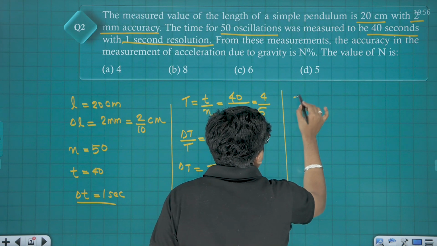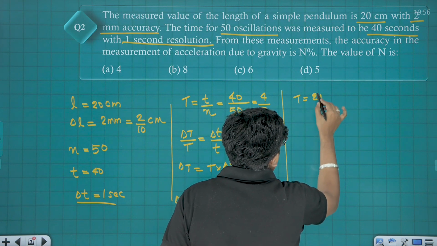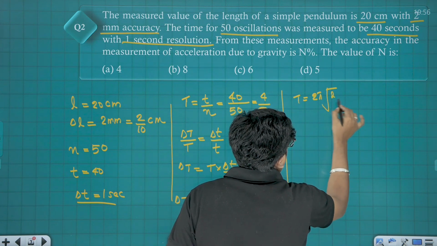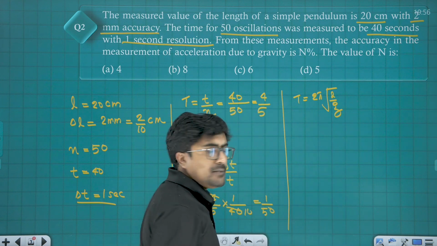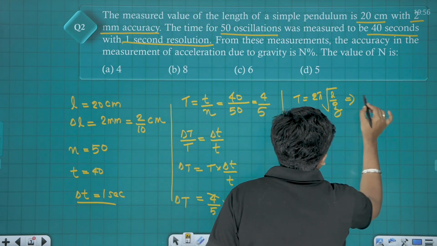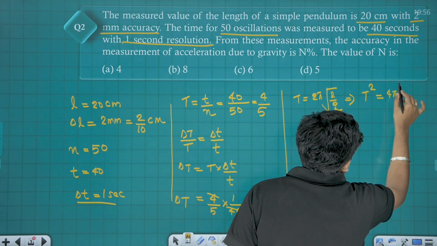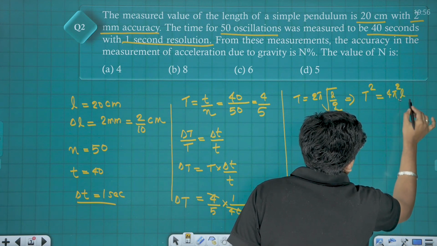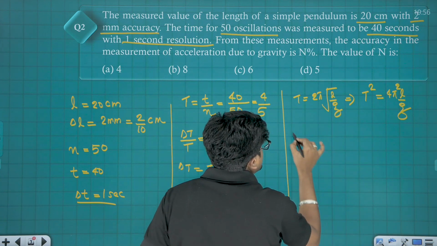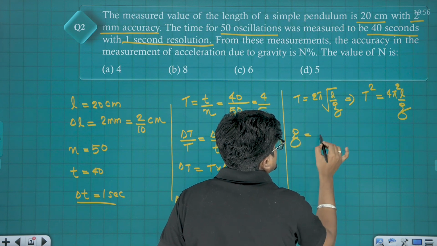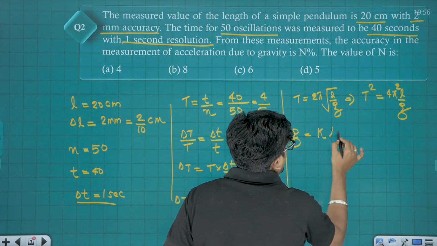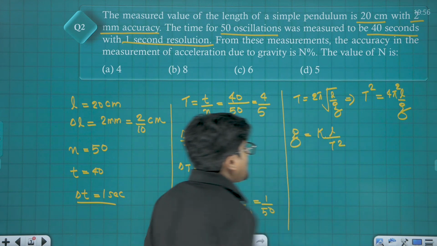Yes, now have a look. We all know that time period T is equal to 2 pi into under root of L by g. Let me square this expression. Here this is going to be T square equals 4 pi square into L upon g. Or I can say small letter g equals constant k into L upon T square.